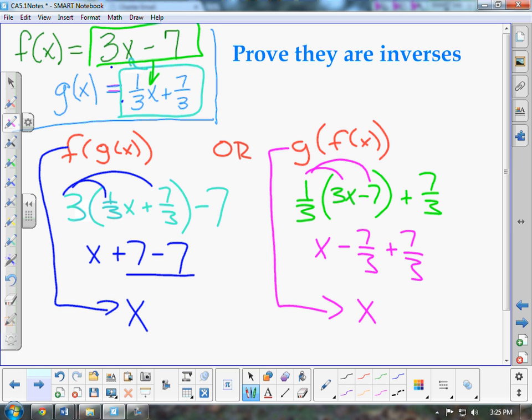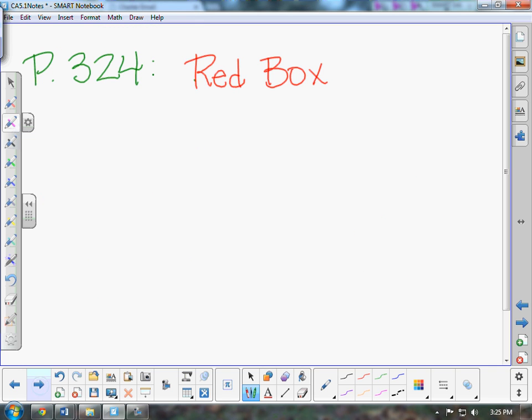And finally, if you look on page number 324 of your book, about 1/3 of the way down the page, there's a red box for guidelines for finding the inverse in simple cases, which most of the things you're going to be dealing with in here will be. First, you can verify that f is a one-to-one function throughout its domain, and to do that, you just use your horizontal line test.